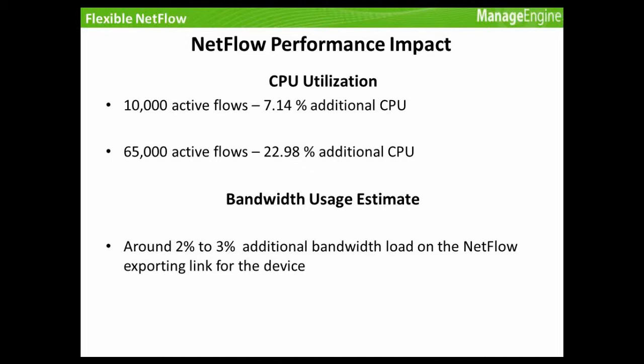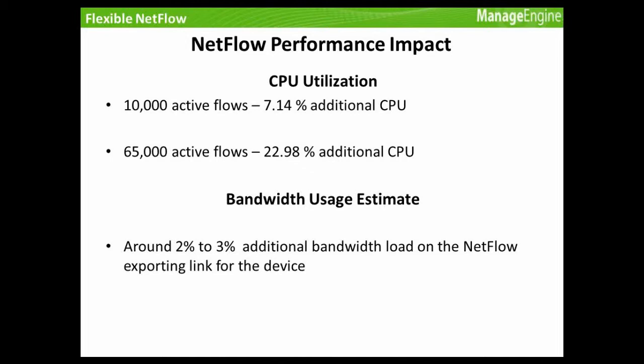But in typical networks, including large enterprises monitoring their own network, the flow rate will stay around 6,000 to 8,000 flows per second, and you can expect the average to be around 4,000 flows per second. So 10,000 flows per second is just 7% additional CPU.